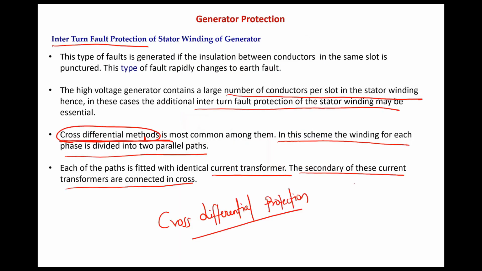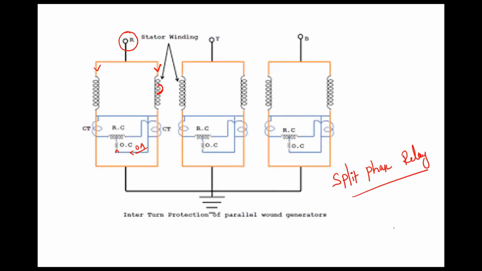The winding of each phase is divided into two parallel paths, and we connect identical CTs in a cross manner, in opposite manner, so that both currents nullify during healthy conditions. When there is any fault in any of these parallel paths, the secondary currents will be unbalanced, the operating coil will carry some non-zero current, and it will trip the breaker of the alternator. Okay.